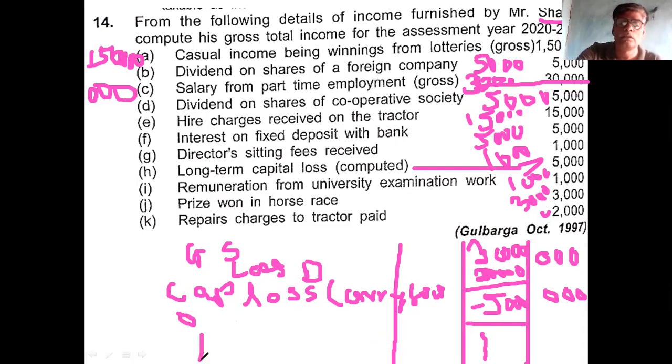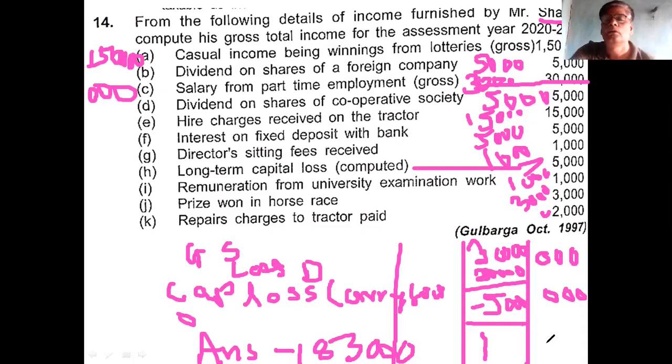You calculate the answer. If your answer is different from 1,83,000, you contact me and clarify the doubt. If my side mistake is there, I'll agree with that. Otherwise, I'll give you the suggestion.